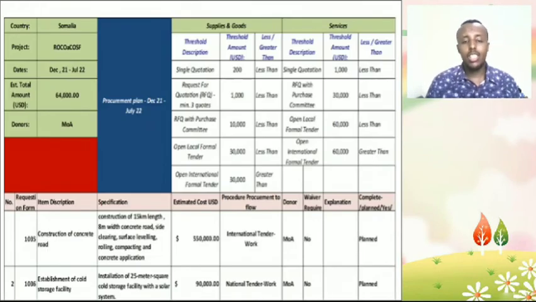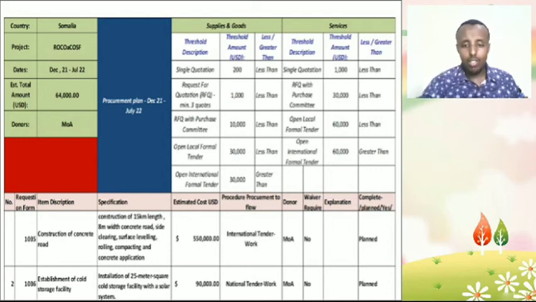And the next thing is the procurement plan. The procurement plan covers two activities: construction of the tarmac road of 15 kilometers, and establishment of the cold storage facility for this project. And as you read, they all have timelines.